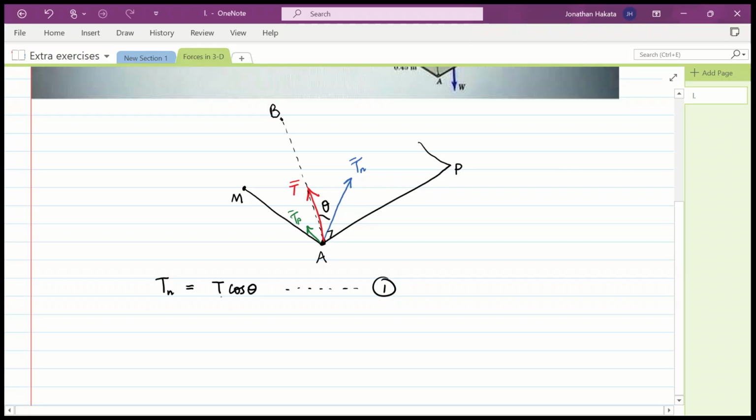These are only magnitudes. These are not force vectors, which is why we don't have arrows or lines on top of them.